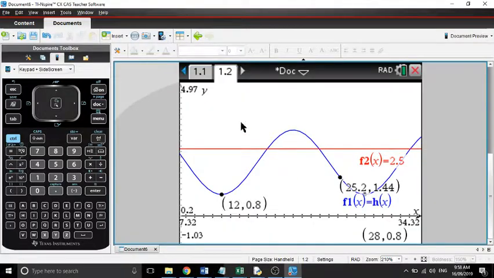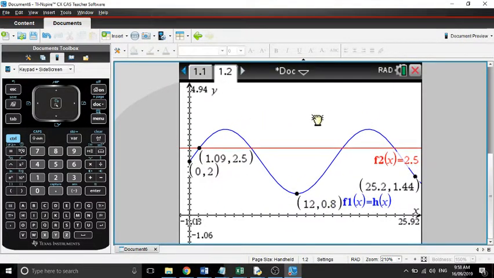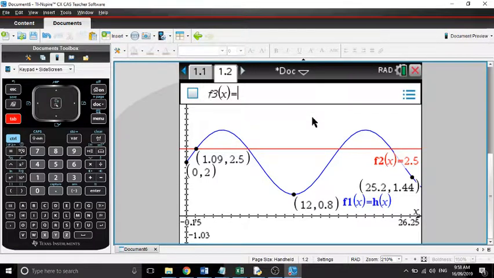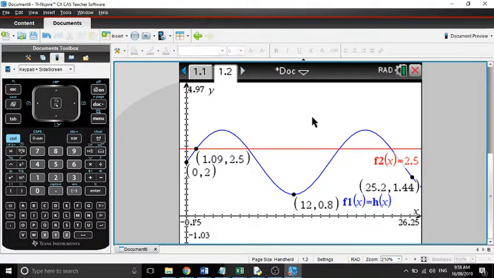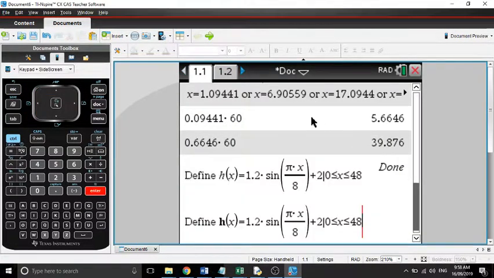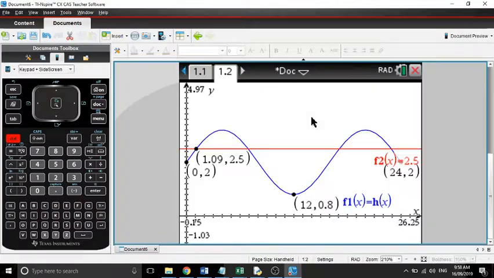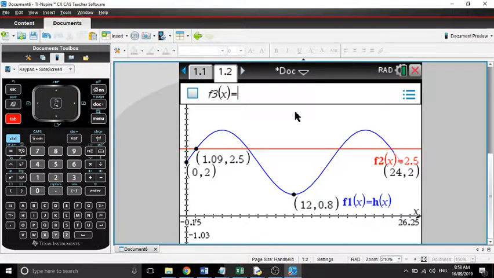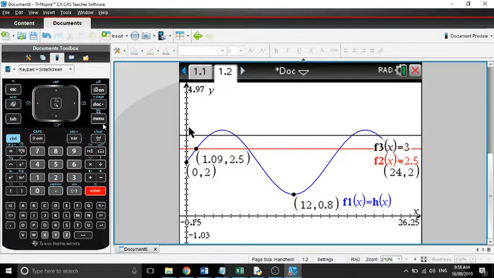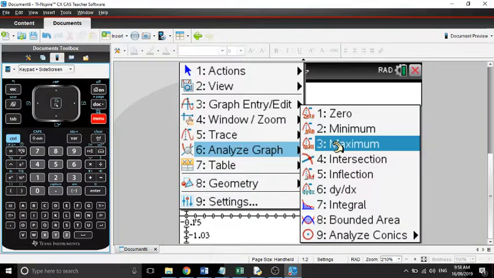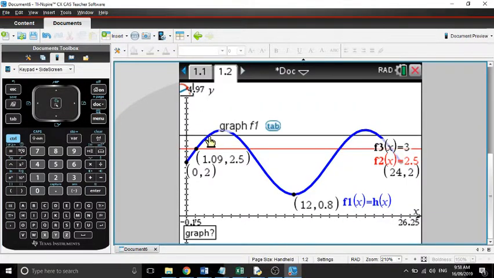Okay, so what we're going to do is we'll redefine this back to 24 hours. Back to our graph, we want to find out where it's 3 meters. So menu 3. Let's go analyze graph, intersection. 2.51.